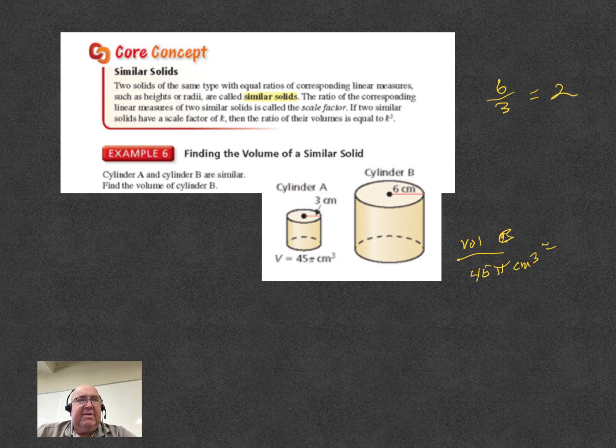There's actually going to be 3 lengths that need to be multiplied by a factor of 2. So we're going to go k to the third power equals 2 to the third power, which is 8. So we're going to multiply this by 8, and we're going to end up with volume of B is going to be 360 pi cubic centimeters.